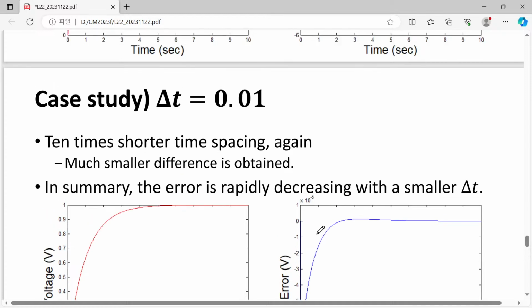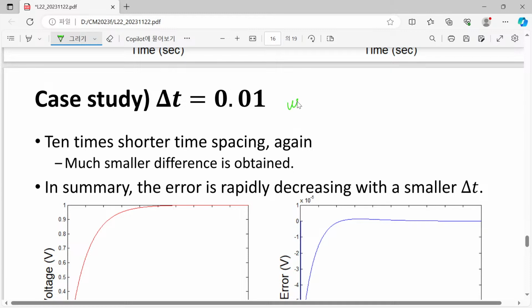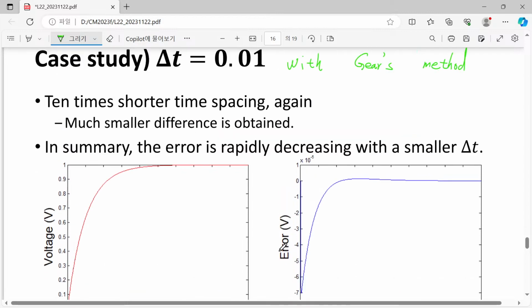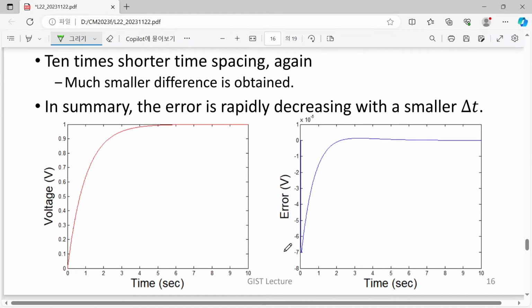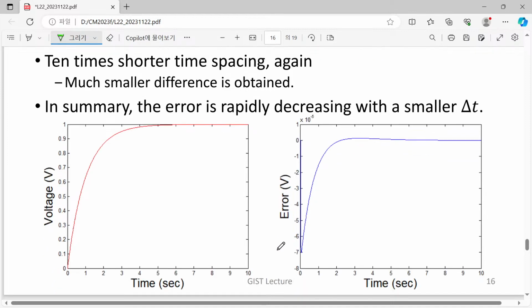Sorry about that. Here I have to say that this is with Gear's method once again, and this is the result of delta t equal to 0.01 second. So once again we have quite good agreement.